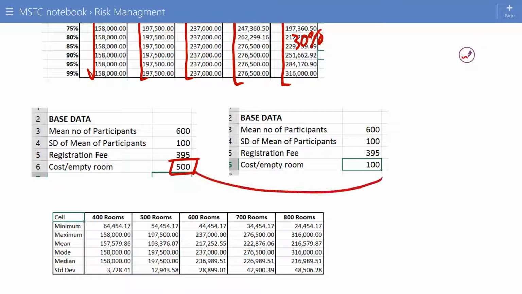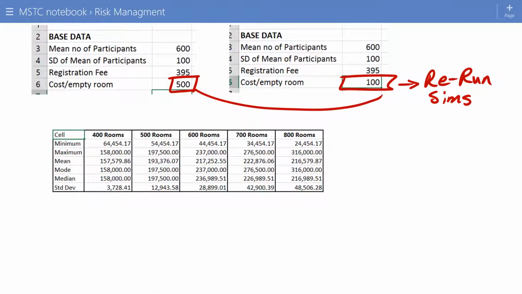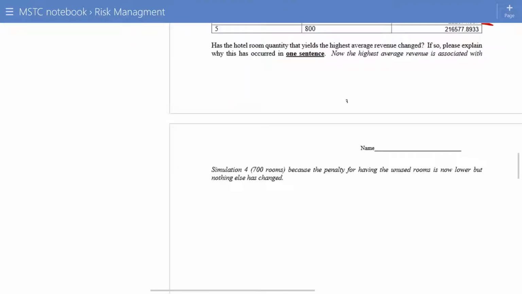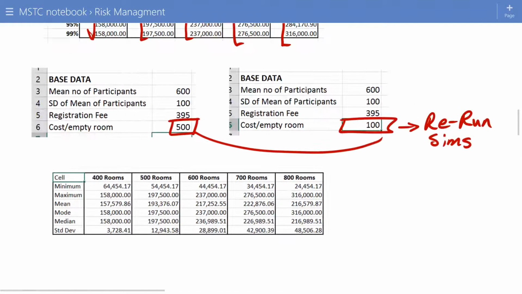You change it over to a 100, and then you rerun all of your sims, and it will give you an output. And in this case, he's asking for the mean value. So one sentence, highest average revenue associated with simulation 4. It's now 22,876.